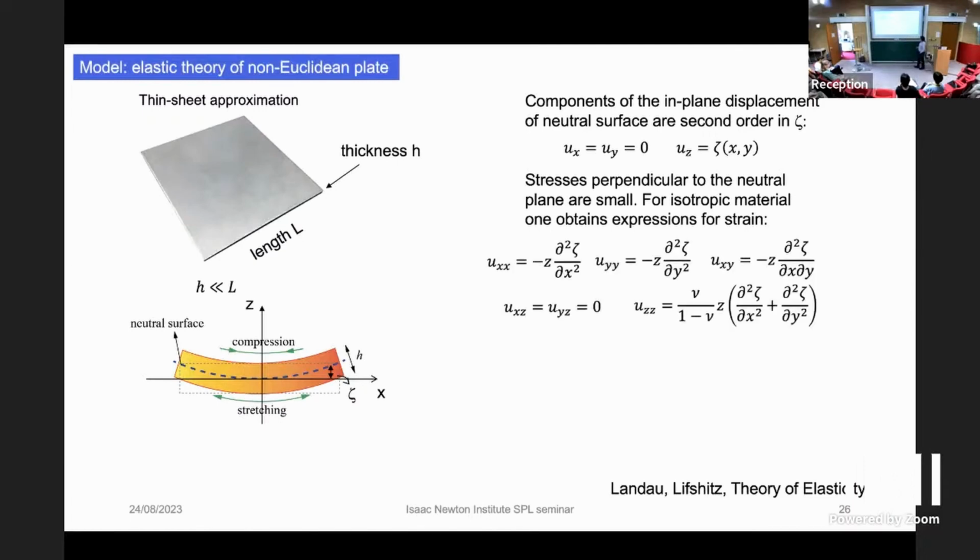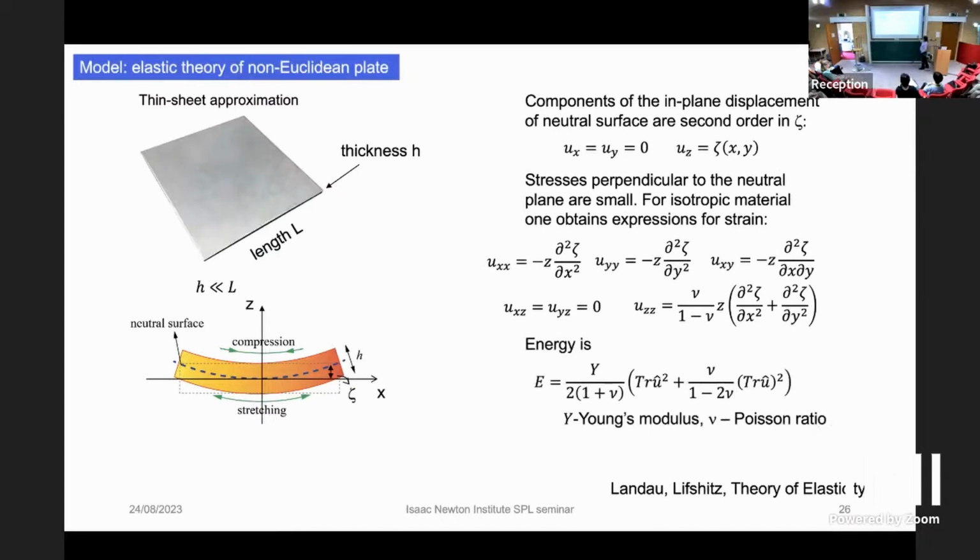Under these conditions, you can derive a set of equations. You can essentially derive the formula for the elastic energy in terms of the trace of the strain tensor and the square of the trace of the strain tensor, and the strain tensor looks like this in terms of these deformations.